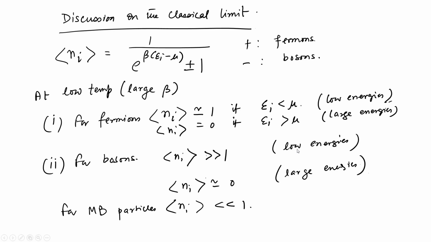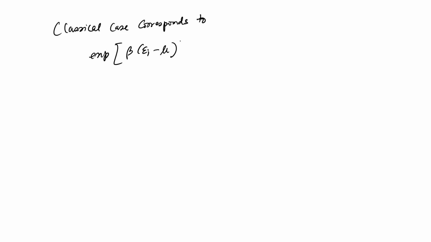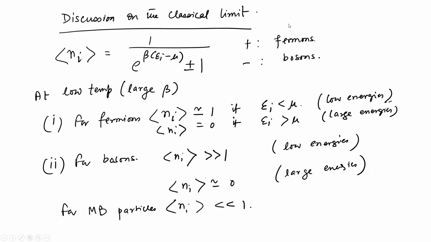Okay. So, the classical case corresponds to exponential of beta (epsilon_i minus mu) being much greater than 1 for all i, right, because it is only in that case that the 1 in the denominator will not matter.